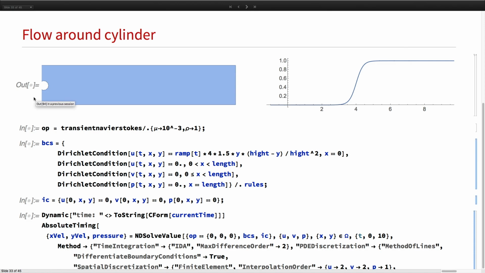The cylinder here is slightly off central, and it should actually be more in the middle of the box. And there's an inflow profile coming from the left, so the flow is surrounding the cylinder. We're going to ramp up this inflow profile with this type of ramp. So after about 2 seconds, the inflow is going to slowly come up.